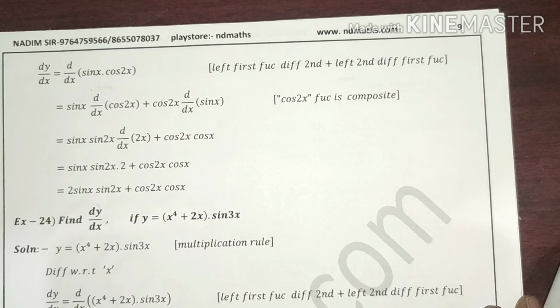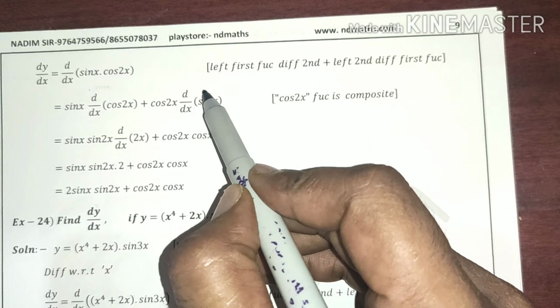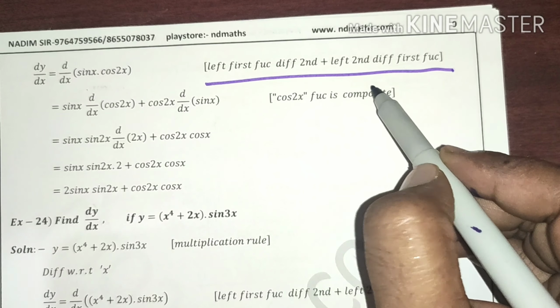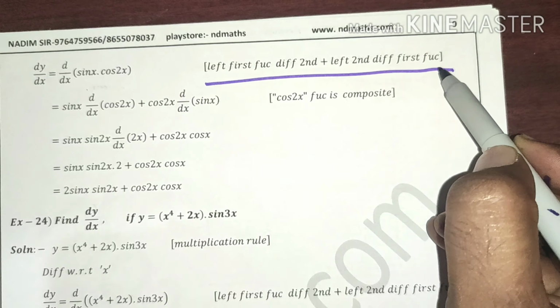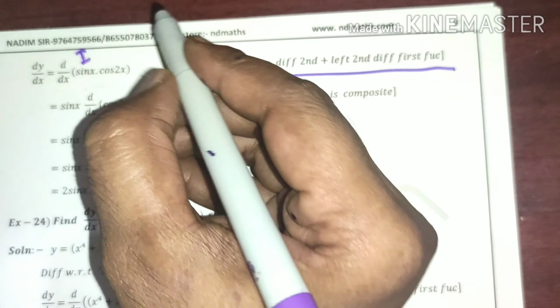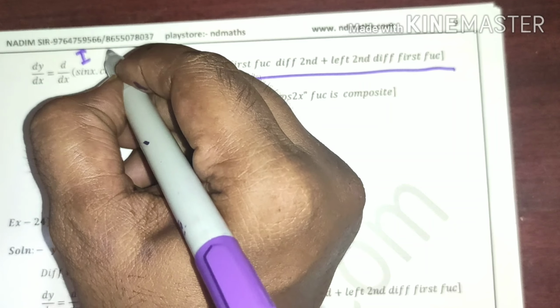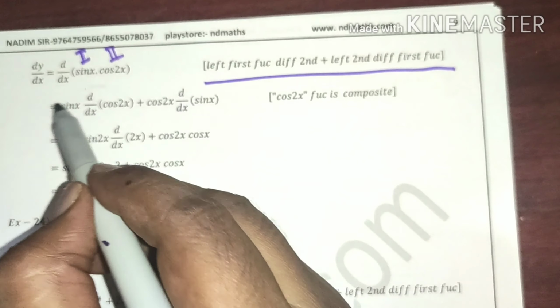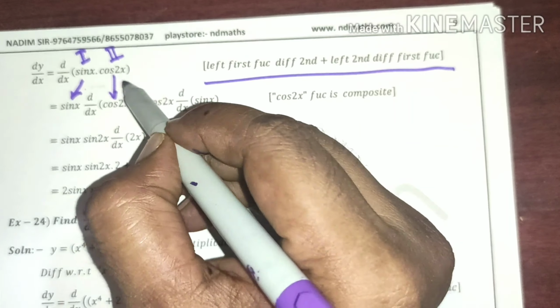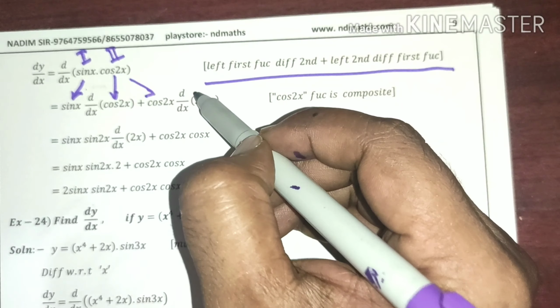So our rule is that leave the first function, differentiate the second, plus leave the second function, differentiate the first. sin x is the first function, cos 2x is the second function. So we leave the first, take the derivative of the second, plus we leave the second, take the derivative of the first.